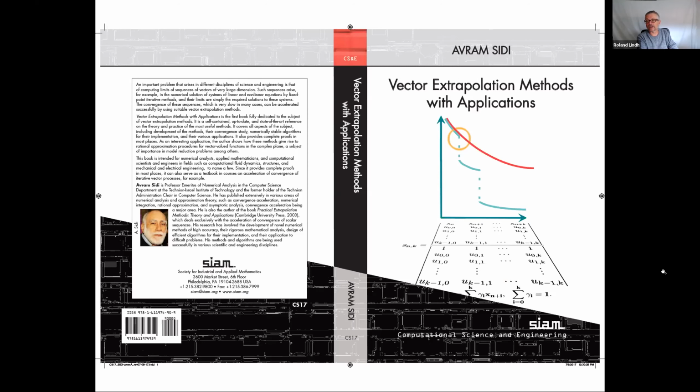I see there's a question from Philip, please. Avram, in the Jacobi example, in the passage from single to double Jacobi, you said that the double allowed you to divide k by 2, and I noticed that n was also divided by 2.